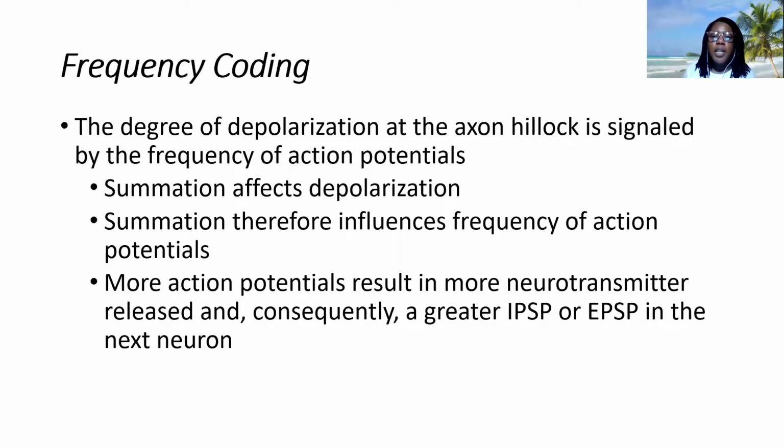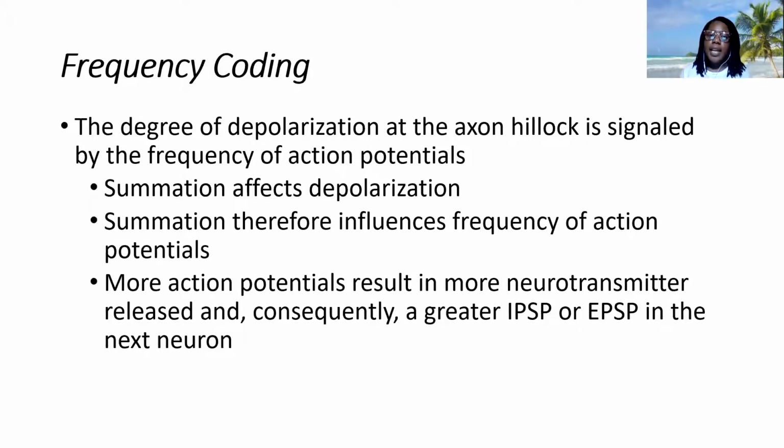And so summation is another way to influence how fast those action potentials are coming in as well, right? Because if we depolarize to threshold and we're able to add those graded potentials together, we can get faster action potentials if we're getting closer to threshold more frequently, if that makes sense. So I'll say that in another way here.